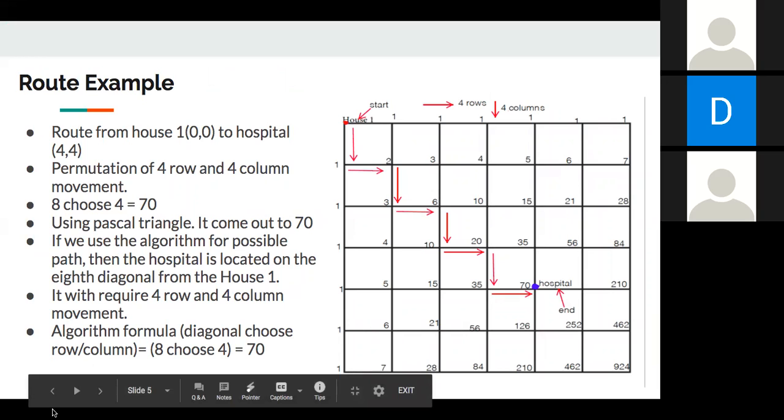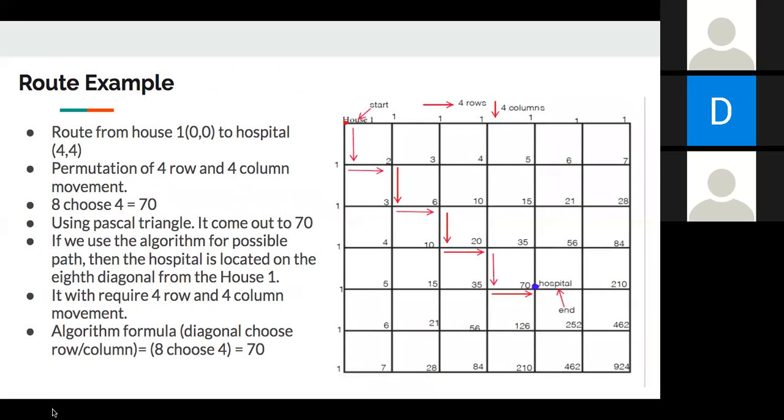In our first route example, we explained all the possible pathways to arrive at a hospital located at coordinates 4, 4 from house 1 located at coordinates 0, 0. To arrive at the hospital, we have to move at least 4 times sideways and at least 4 times downwards, for a total of 8 movements.